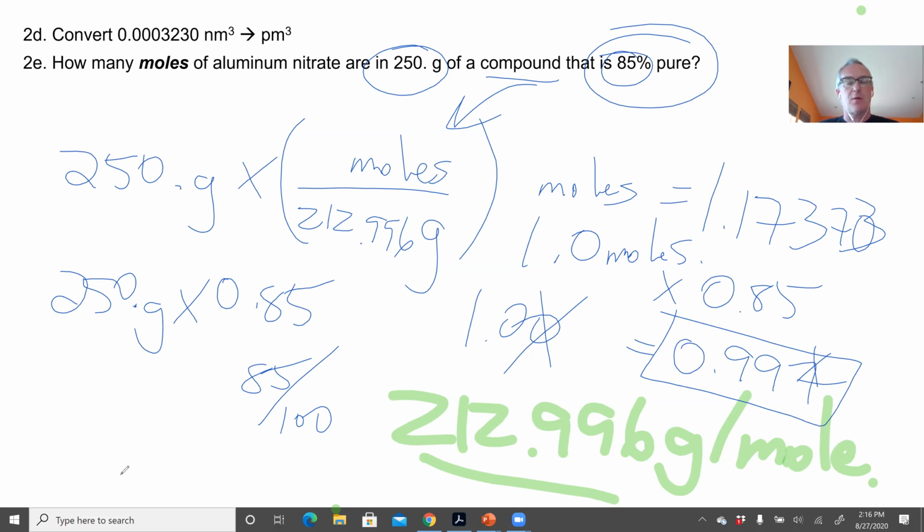I wanted it to be trickier than that. Maybe I put a typo on my own. The file on Canvas had 250.0 and 85.0. All right, you've got to round my trickiness then.